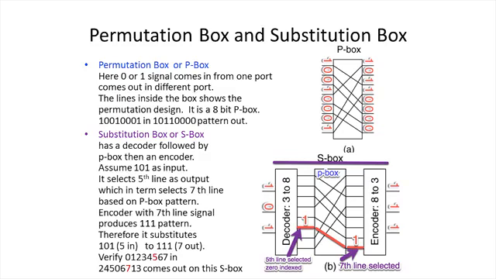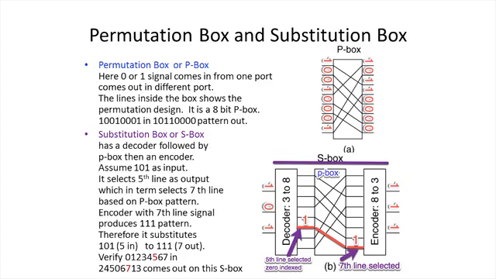The 5th line signal will be coming out, and then it will drive the P box, and as a result the 7th output port will be triggered, and that trigger will send a signal to the last input port of the encoder, and the encoder will produce 1, 1, 1, the equivalent of the 7 decimal output pattern.